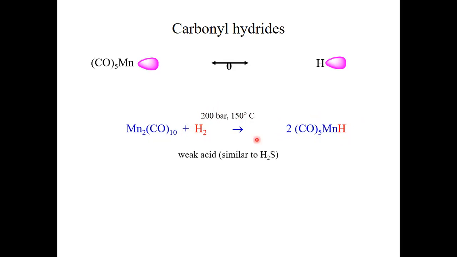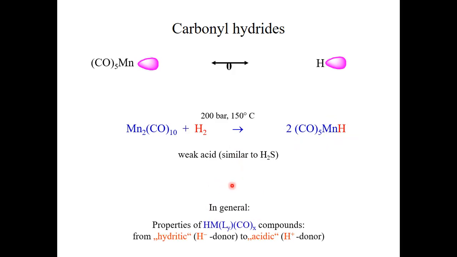Now this one is also an acid, but it's a weaker acid. It only has an acidity of H2S. We may explain this weak acidity by the fact that when the hydrido ligand comes off, the respective anion has a manganese with the coordination number 5, which is not as ideal for orbital overlap.